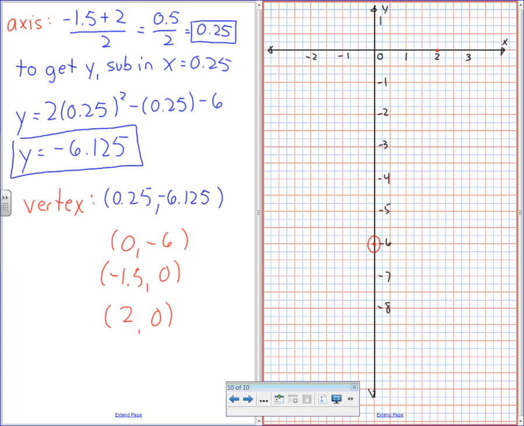Okay, so there's 2 and 0. How am I going to do (-1.5, 0)? How would I plot the point -1.5? Halfway between -1 and -2. So the way I set my graph paper, I counted by 2, so I could put it right in between. But it's got to be in between those two points. If you had every square as 1, just estimate and put it halfway in between.